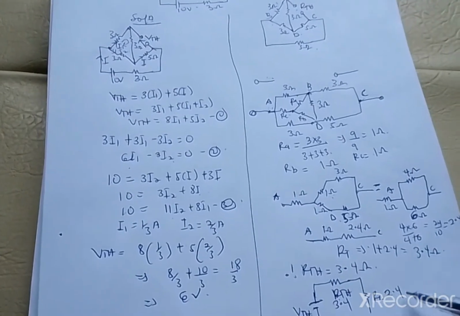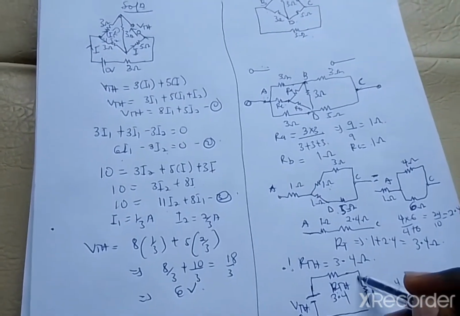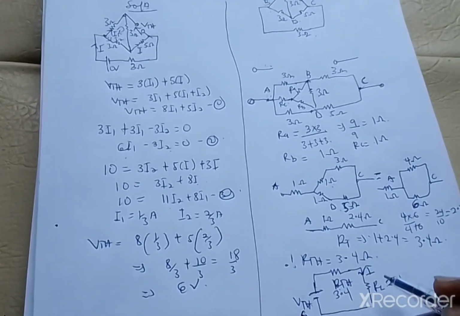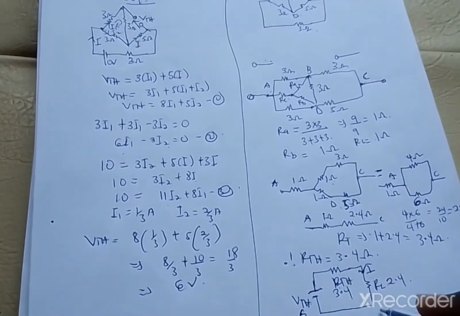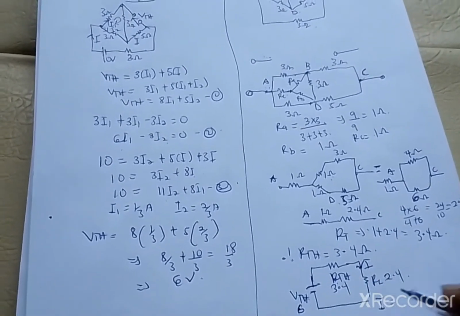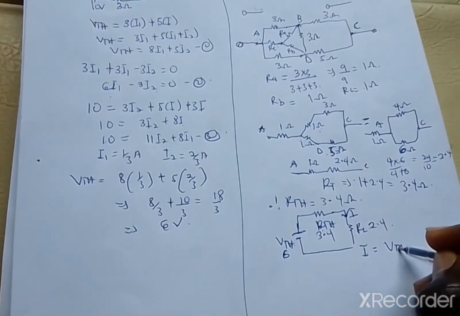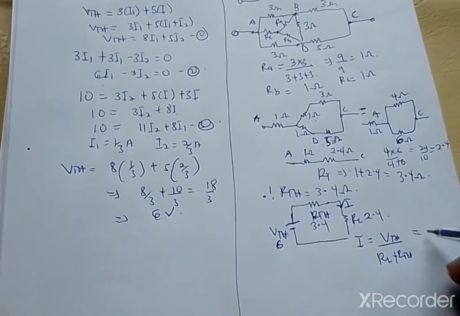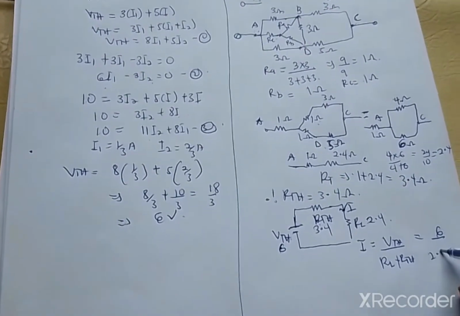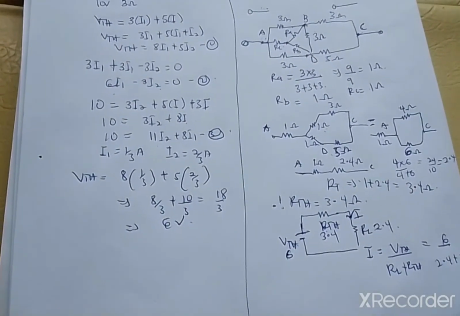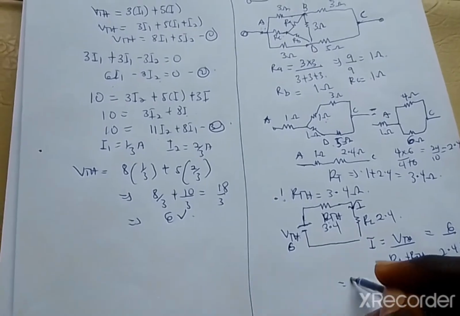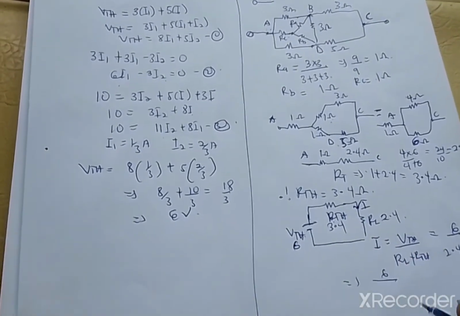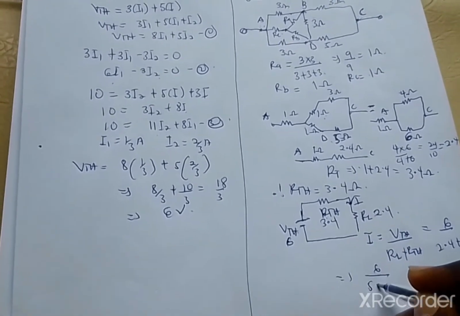So to get a value for I, which is passing through the 2.4, I will be equal to the total voltage VTH over the total resistance RL plus RTH, since they are in series, and this will be 6 over 2.4 plus 3.4, and this will give me 6 all over 5.8.